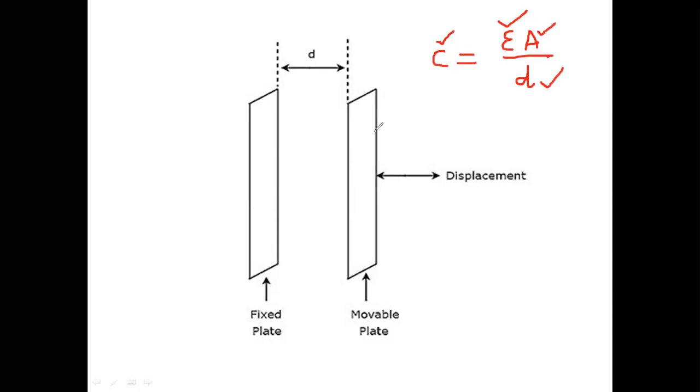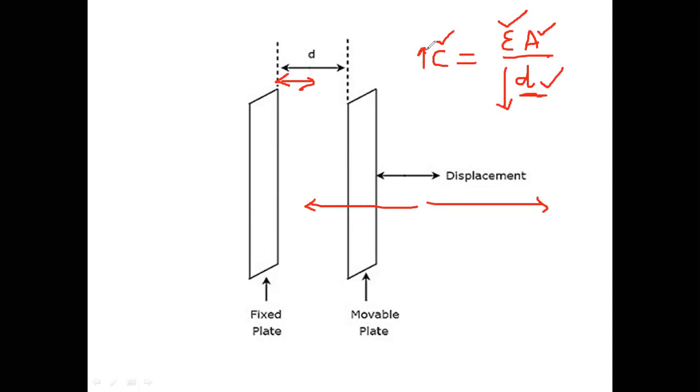If the displacement is towards the right side, then the distance between the two plates will increase. If the displacement is towards the left side, then in this example the movable plate moves towards the fixed plate, so the distance will decrease. If the distance between the two plates decreases, capacitance automatically increases.